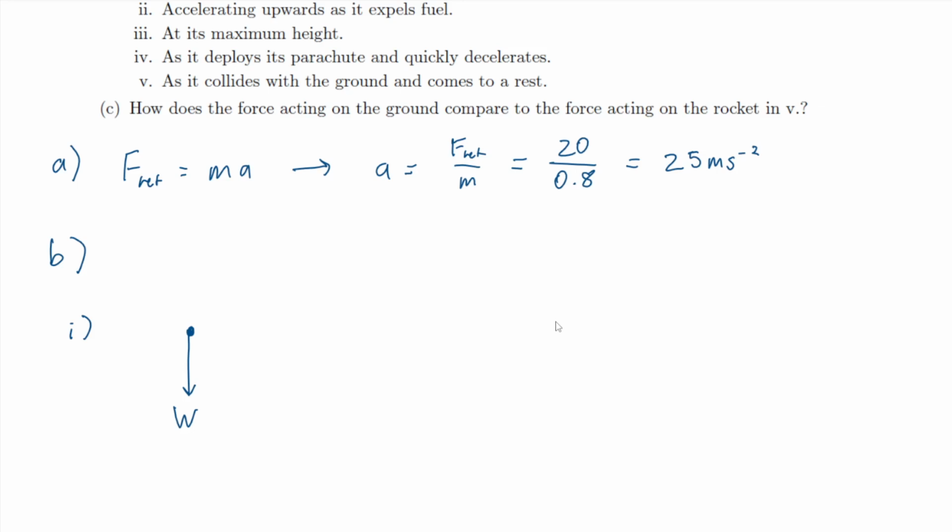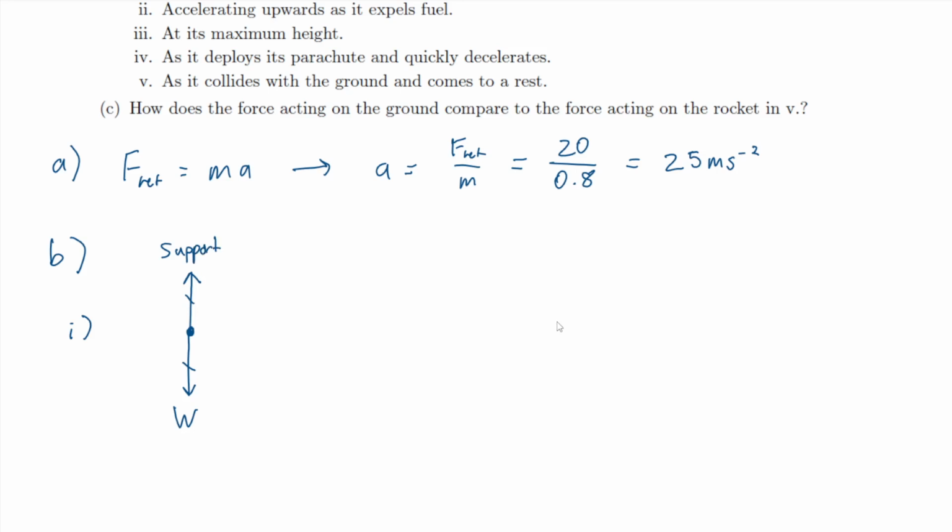Now, since it's on the ground and it's stationary, I know that the forces must be balanced. So in the upwards direction, there must be an equal and opposite force. In this case, that would be the support force. Right? The launch pad is preventing the rocket from falling through into the ground.